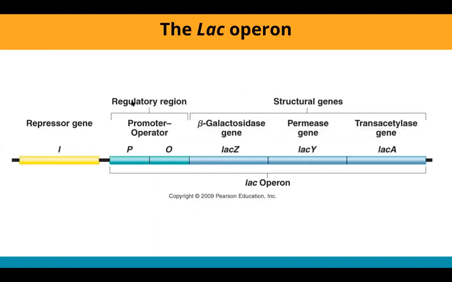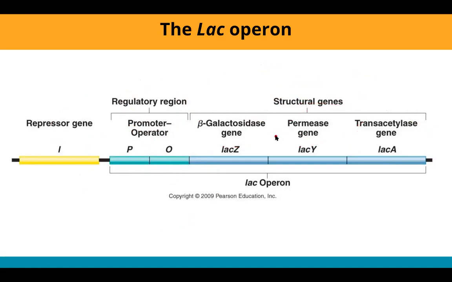So this is the structure of the lac operon. We have the repressor gene, the promoter-operator or regulatory region, and the structural genes. Inside the regulatory region, we have the promoter and the operator.